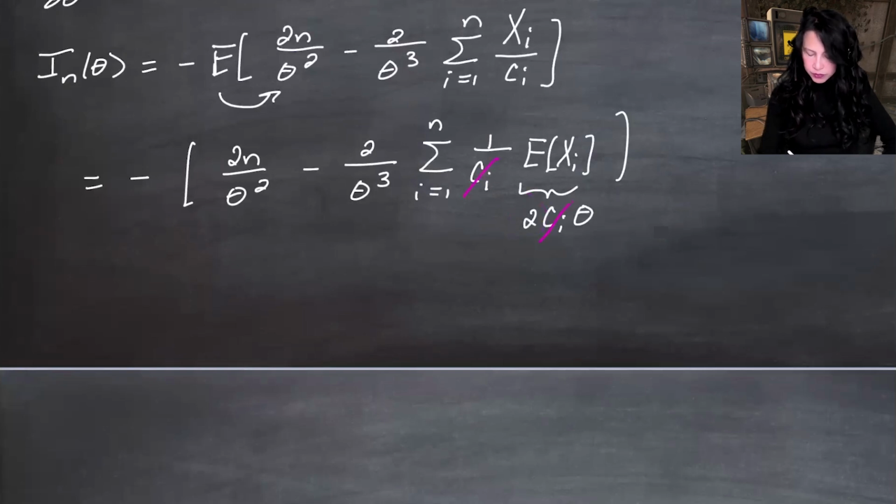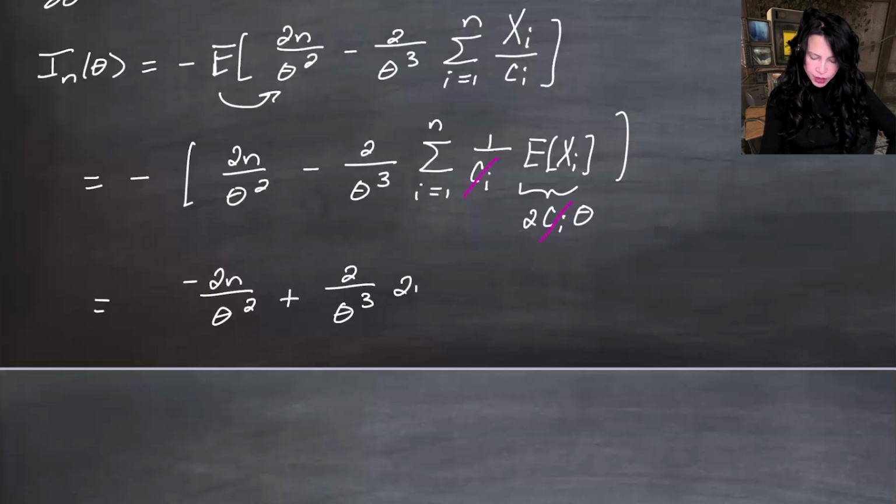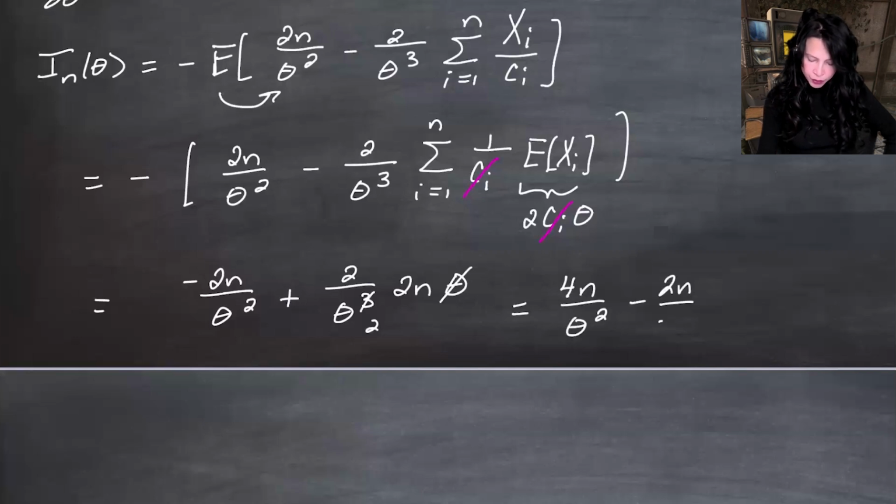It might look a little funny because I wrote it at the bottom here. But it appears that overall we've got negative 2n over theta squared, and then positive 2 over theta squared times 2n theta. So I get a little cancellation there. I've got 4n over theta squared minus 2n over theta squared. So 2n over theta squared.